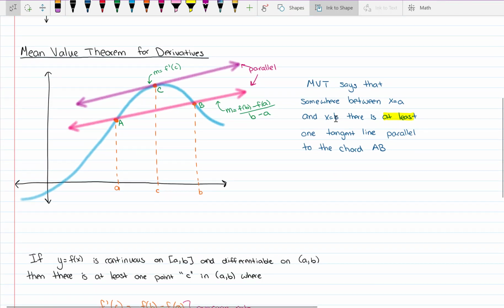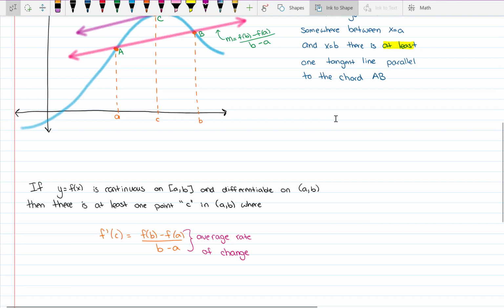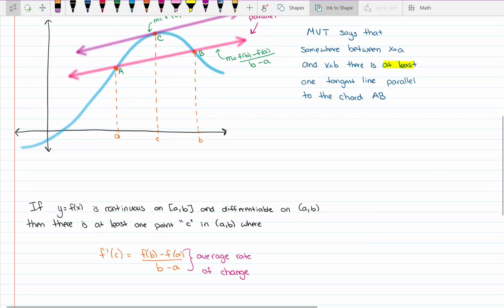And so if f of x is continuous on the interval a to b and differentiable on the interval a to b, where this one's closed and this one's open, then there's at least one point C in a to b where the derivative, so the instantaneous rate of change, the slope at that point is equal to the average rate of change.